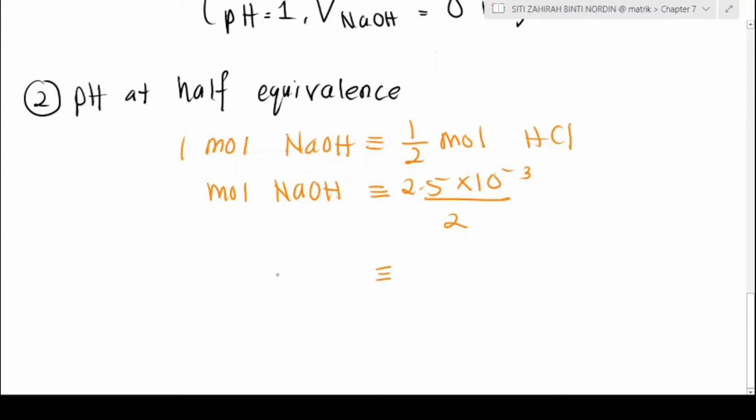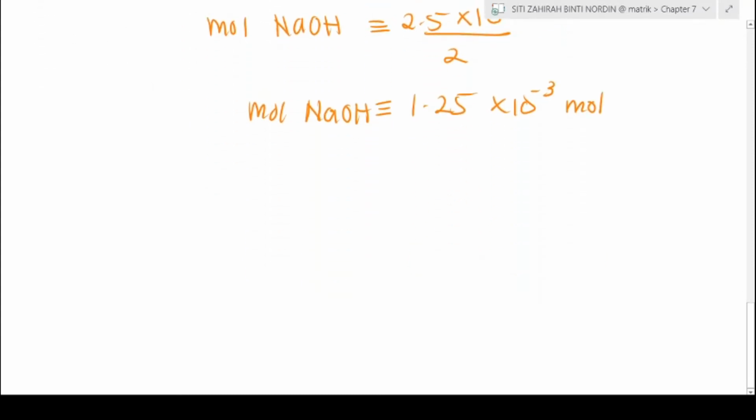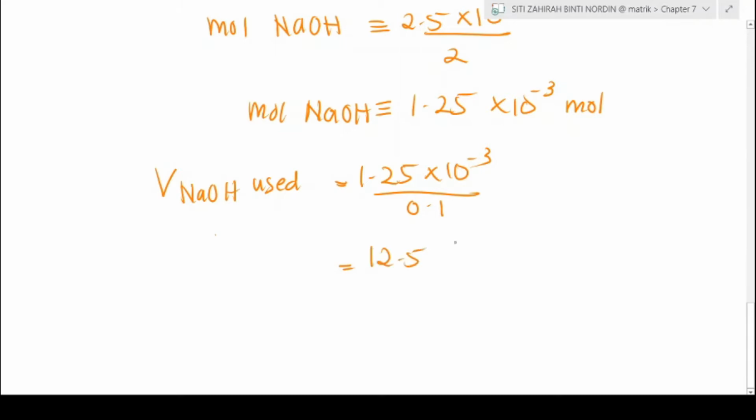So we've got the mole of sodium hydroxide to be 1.25 times 10 to the power of minus 3 mole. After we find the mole at half equivalent, what is the volume of sodium hydroxide used at half equivalent? Just divide the mole by the molarity, which is 0.1. So the volume of sodium hydroxide used would be 12.5 ml.